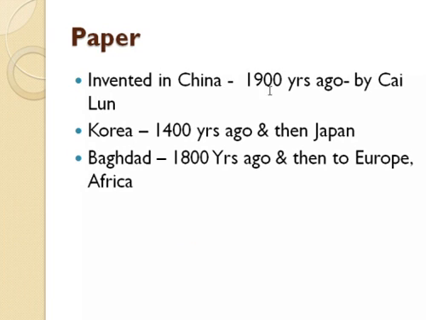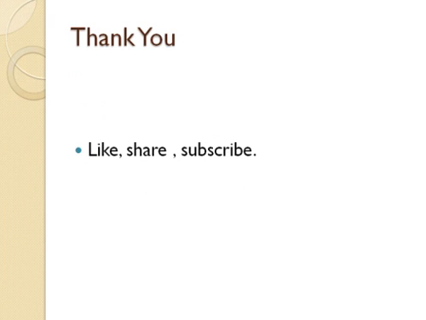It was invented in China 1900 years ago by Cai Lun, and then this technology was transferred to Korea 1400 years ago, and from there to Japan. In Baghdad this technology came 1800 years ago, and then it came into Europe and then to Africa. With this we have come to the end of this chapter.